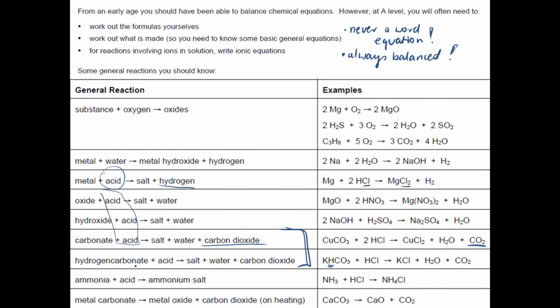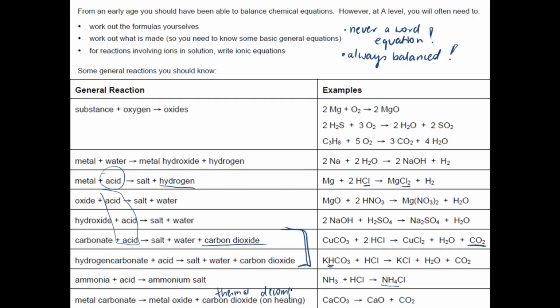Right, ammonia with acid gives you an ammonium salt. So can you see what happens in here? Ammonium chloride in here. And metal carbonate, like calcium carbonate, for example, this is thermal decomposition.